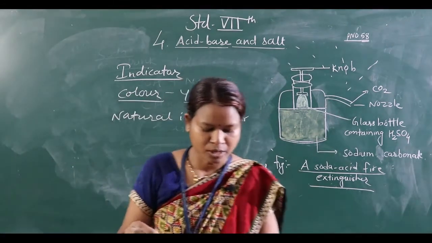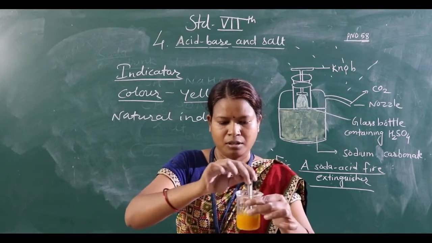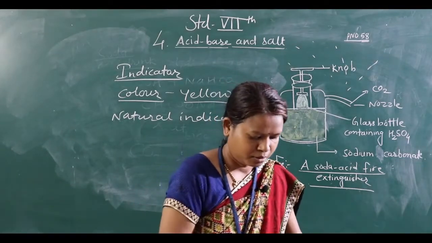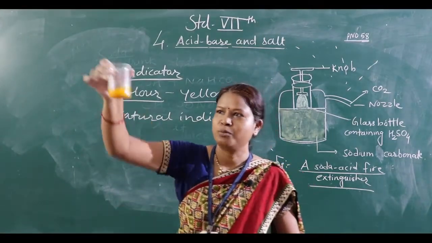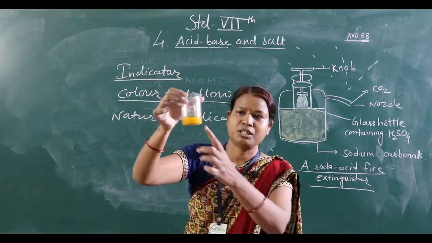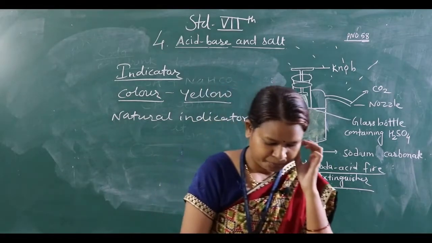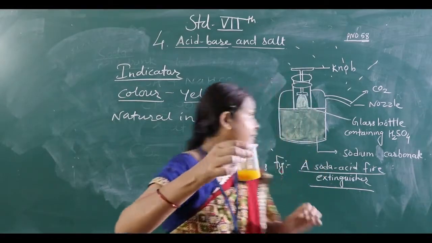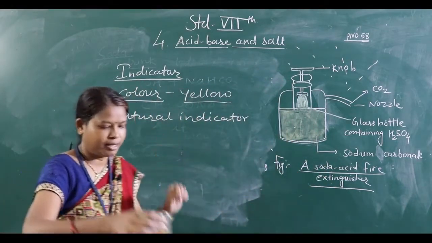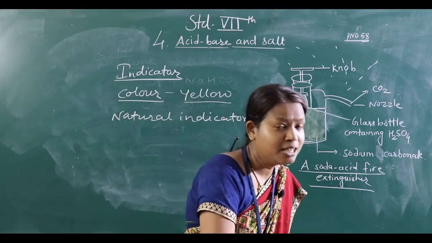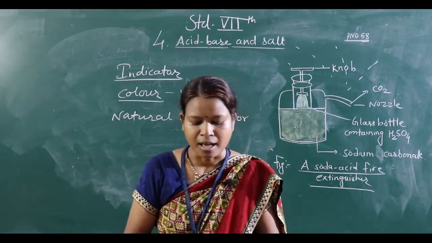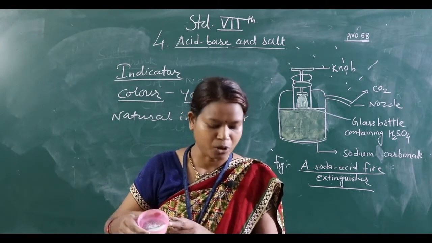Spatula is not available, so I am using this spoon. You all can observe that this solution is of yellow color. Now, in this natural indicator, I will add a detergent powder. I have this detergent powder.